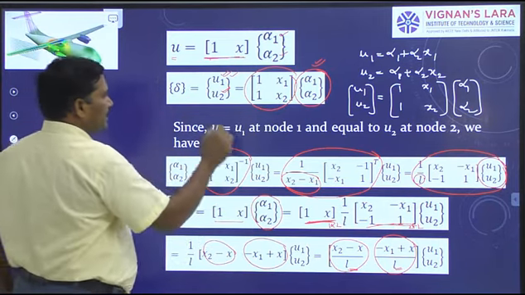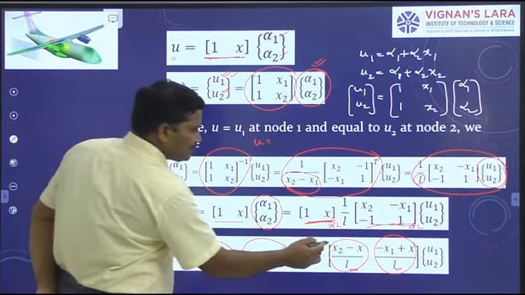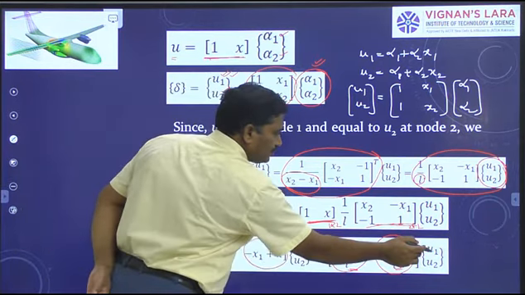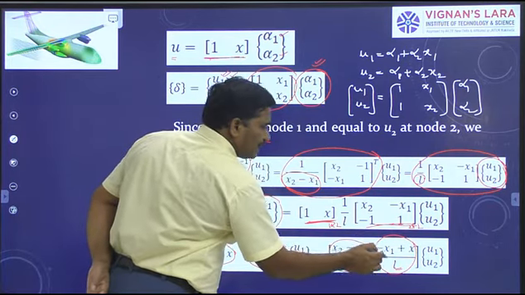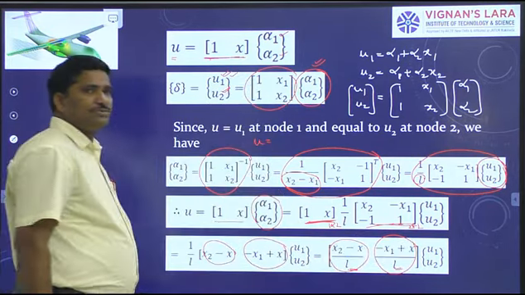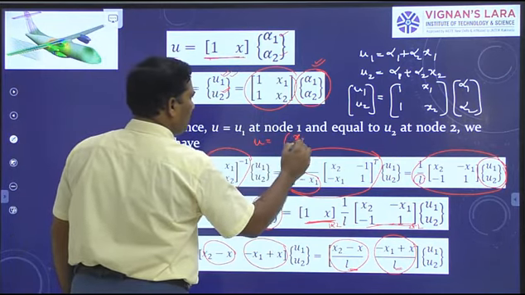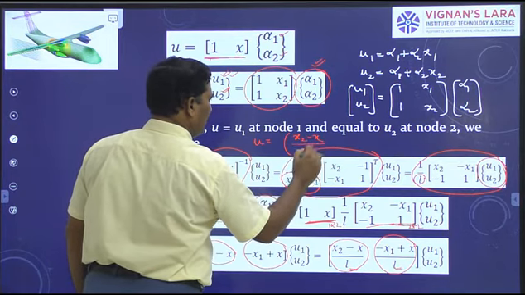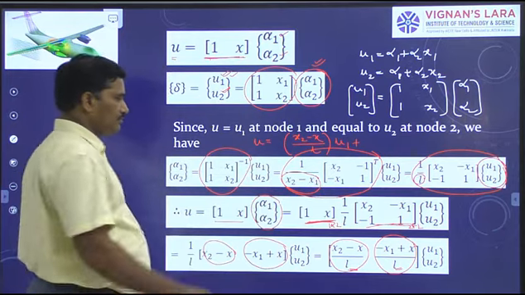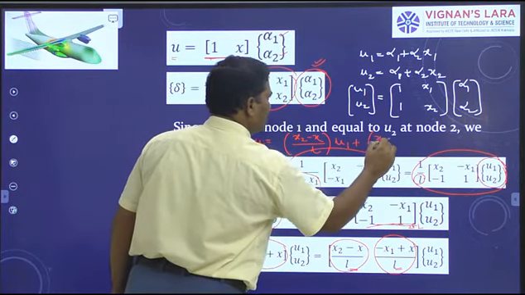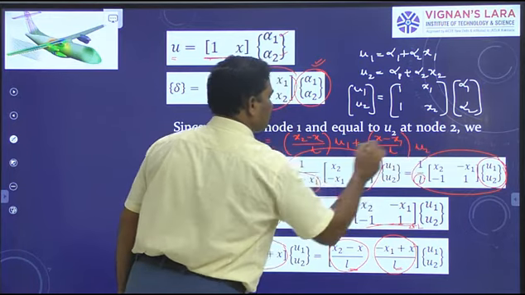You get u equal to x2 minus x by L into u1 plus x minus x1 by L into u2. This is how you get it.